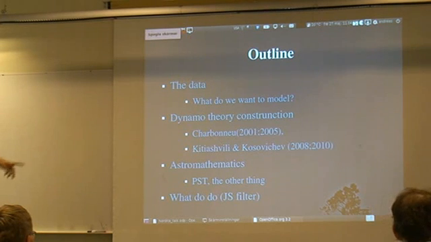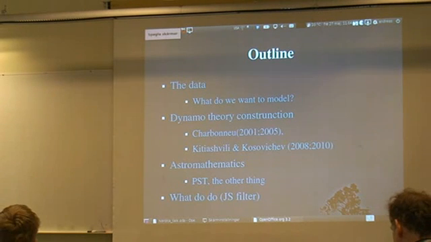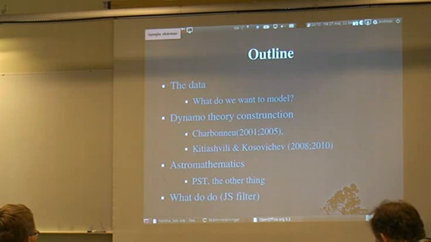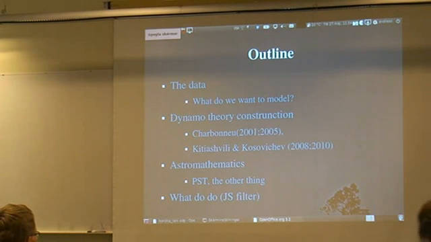Or you do the other thing, which is astromathematics, where you start with the observed phenomena of the system, and then you try to figure out the math, and then you figure out what physics actually corresponds to that. Those are two different approaches to doing low-dimensional models.